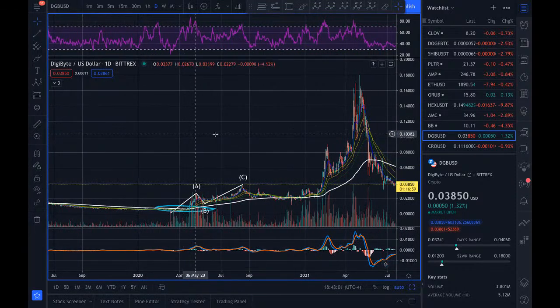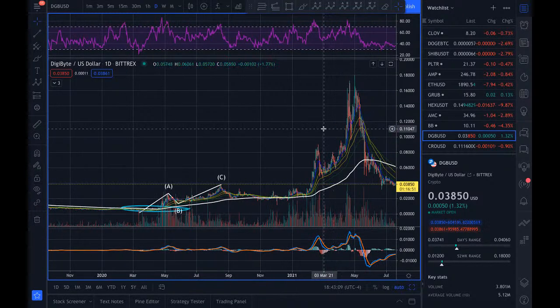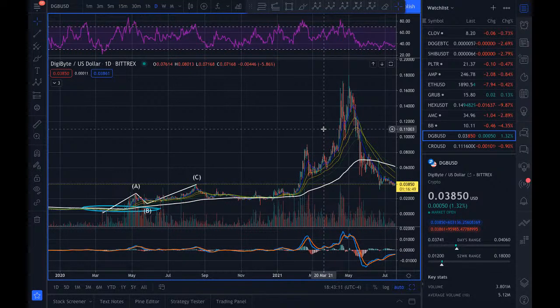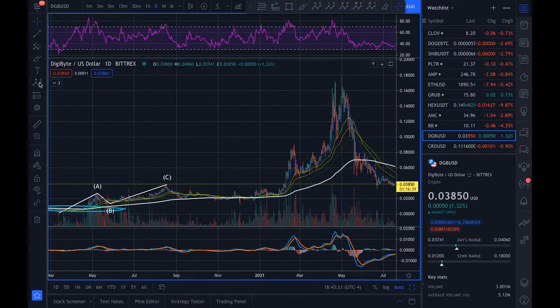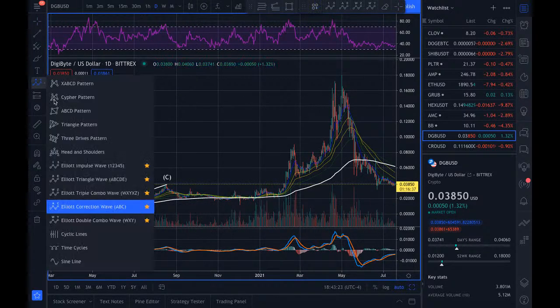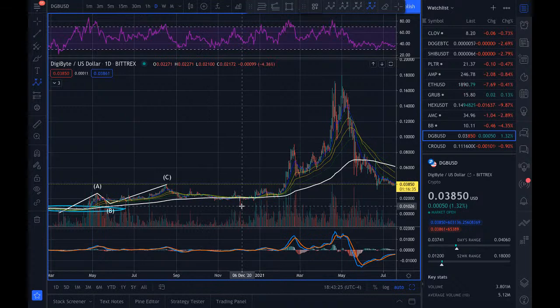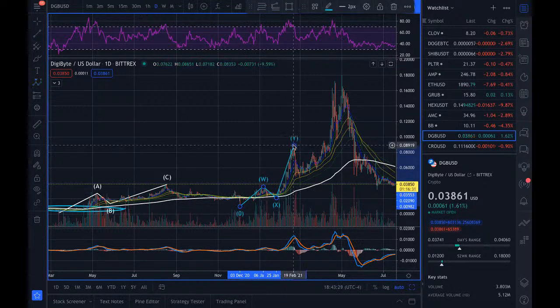And this one looks like potentially 1, 2, 3, 4, 5. However, right here is a 1, 2, and 3. One, two, three.